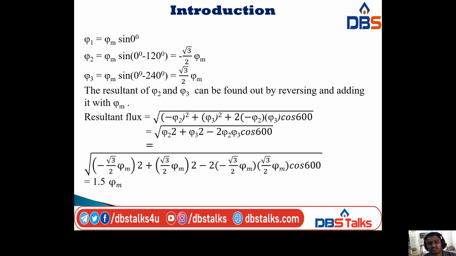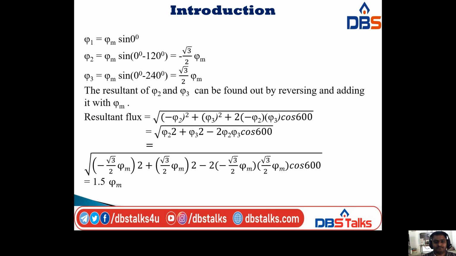After solving this, we have 1.5 as the value for the resultant flux. That is, phi r is equal to 1.5 into phi m. That is the first case: when theta is equal to 0, phi r is equal to 1.5 into phi m.